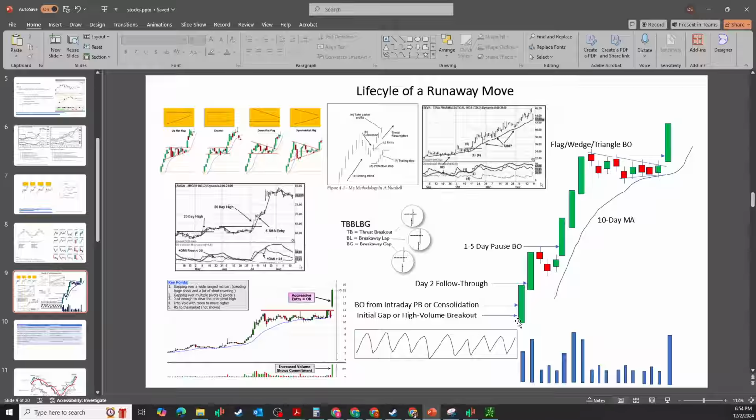You can get in right near the open, or maybe try to get in at some intraday pullback or intraday pattern or consolidation. Or you can do both. You could try to get some on the initial gap and then maybe add to it on day 1 if it continues to act well. And you can maybe add to it another time if it follows through from that initial impulse bar. You can add more.